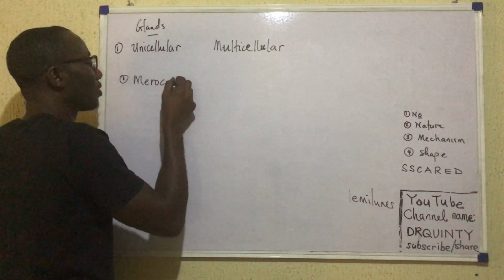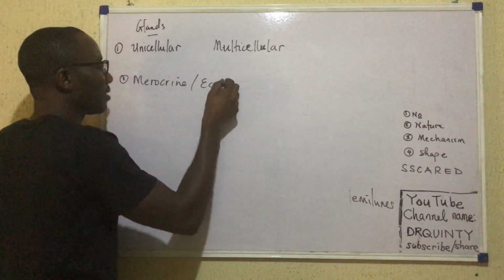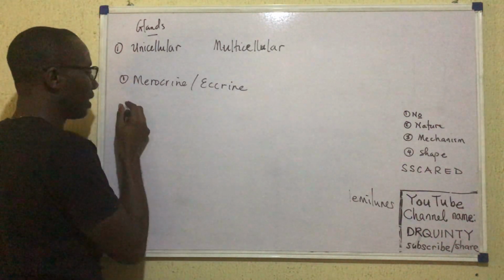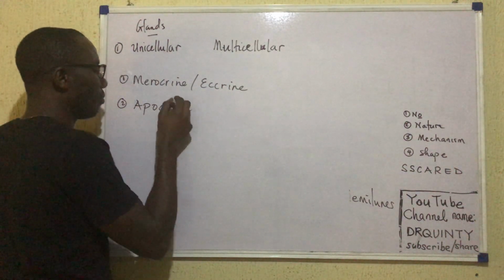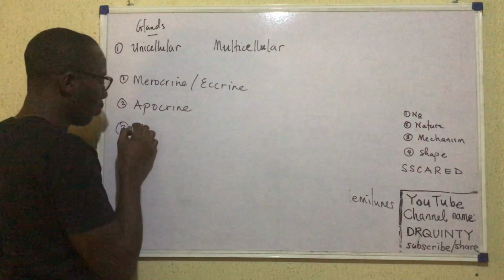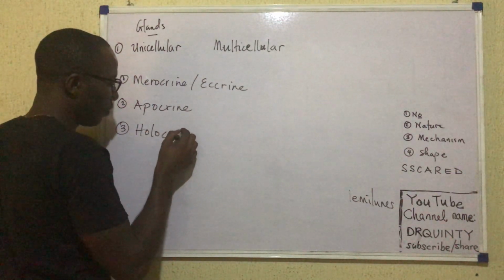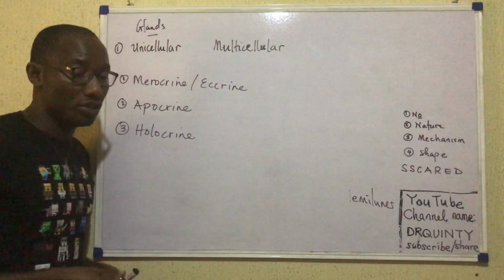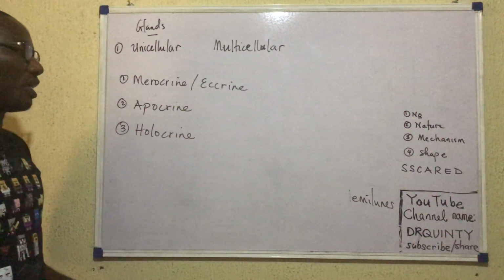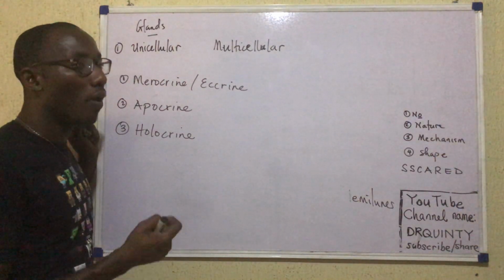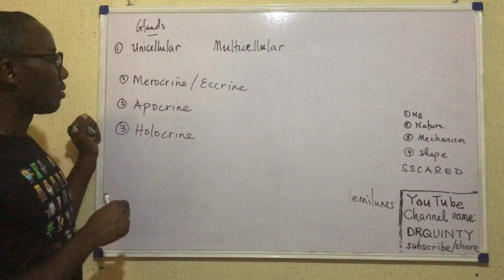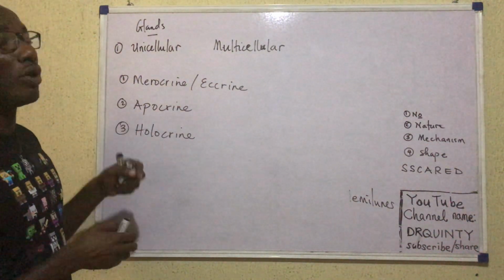Merocrine glands are also called eccrine glands, and they are the majority of glands. Then we also have the apocrine glands, and then beyond apocrine we have the third one, holocrine. So first you need to know the terms used. So in terms of how they secrete, we say glands may be merocrine, apocrine, or holocrine.